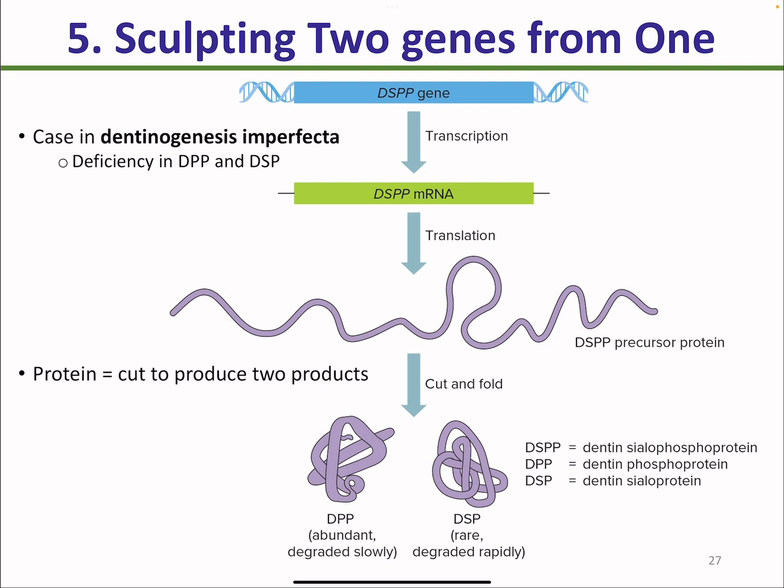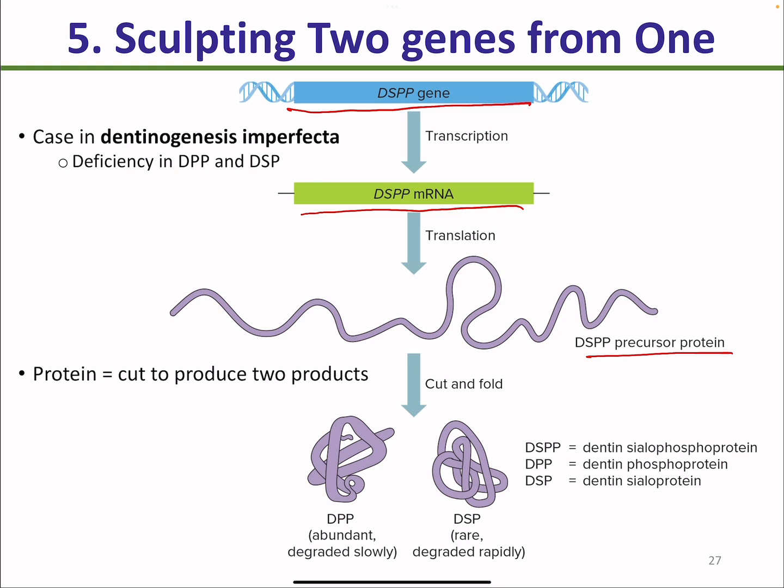Finally, but not least, you have the cutting of the final product. What I mean is that a given gene, when converted into a transcript, is going to produce a protein, and that protein is actually not the final product.